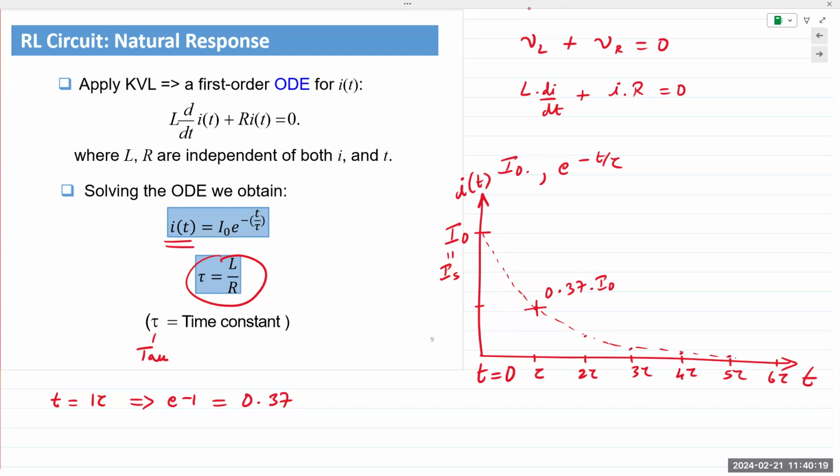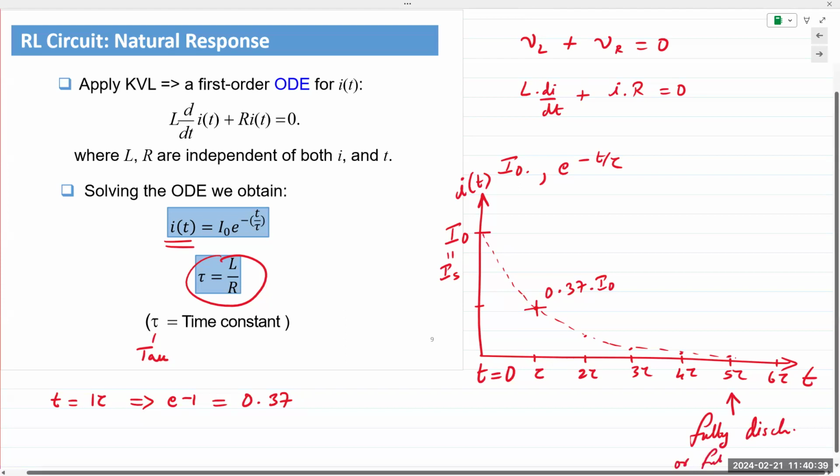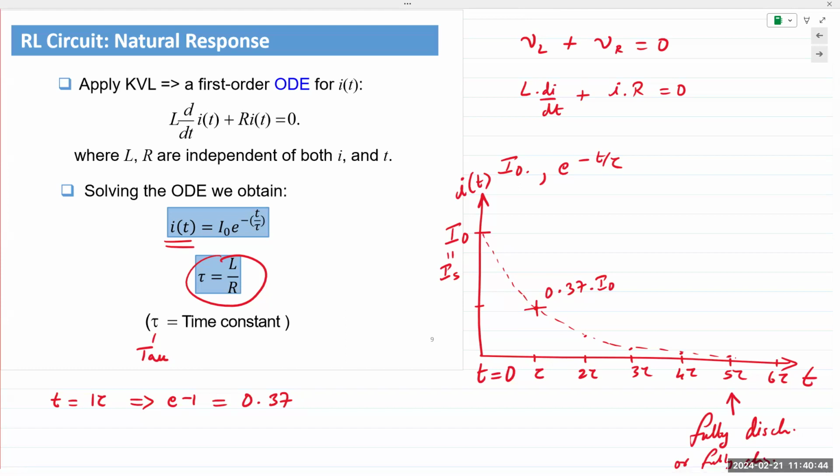But we put a stop to it by generally accepted convention. We put a stop to it after 5 times tau, because less than 1% of the value is left. So we say it's fully discharged. And if it was charging, we would say it is fully charged. So at 5 tau, 5 time constants, we consider it to be either fully discharged or fully charged.